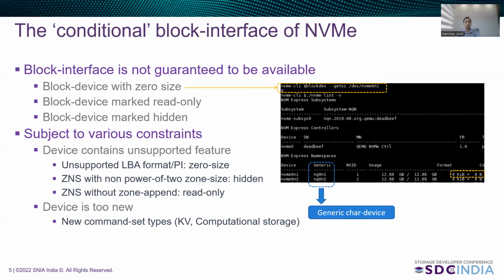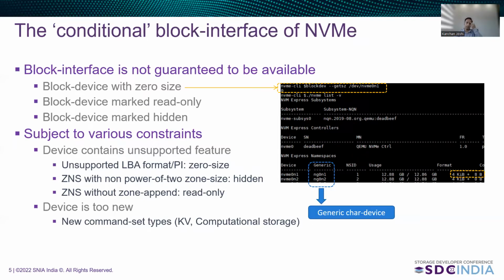The block device may show zero capacity, it can turn read-only, or maybe remain hidden. And this can happen in a variety of situations. A few examples are: unsupported LBA format, which is what is shown in this diagram. For an NVMe device formatted with 4 KB plus 8 byte LBA format, the block device node shows 0 capacity.